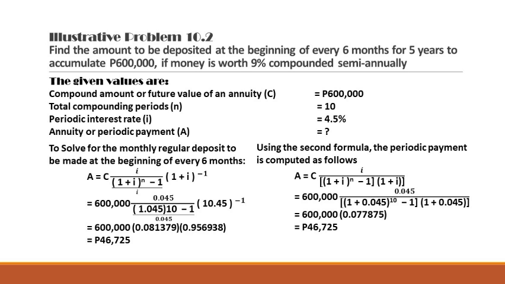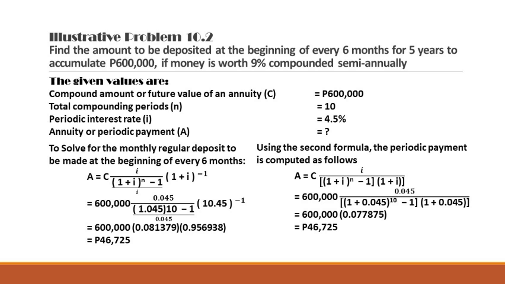So to solve for the regular deposit to be made at the beginning of every 6 months, we have here the formula: the annuity or the periodic payment A is equal to the compound amount or future value of an annuity C multiplied by the periodic interest I over the quantity 1 plus the periodic interest I raised to the power of n, the total compounding period, minus the quantity 1, over I, the periodic interest, multiplied by the quantity 1 plus the periodic interest I raised to the power of negative 1.